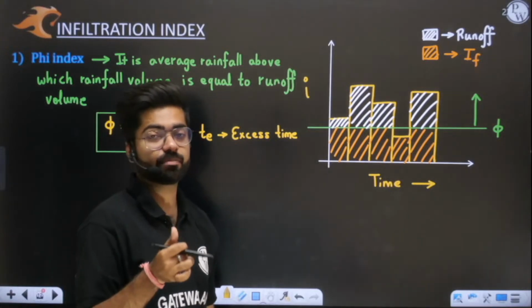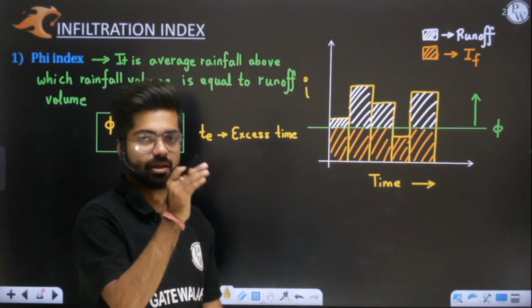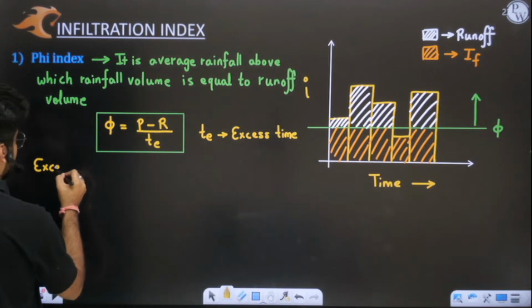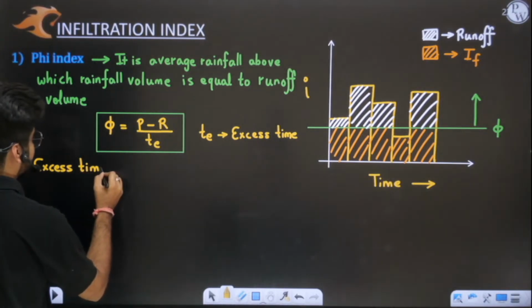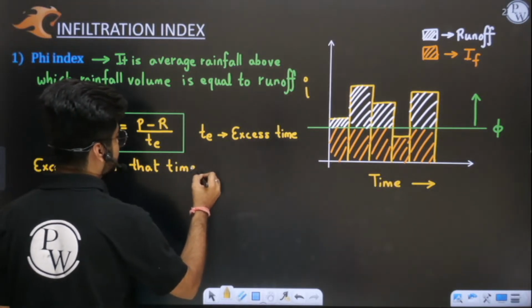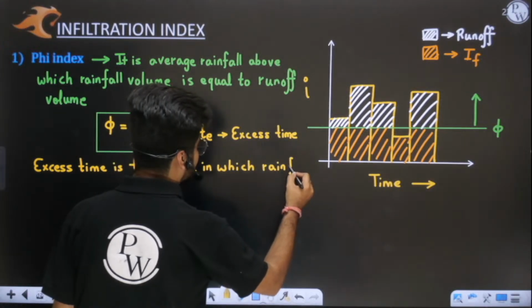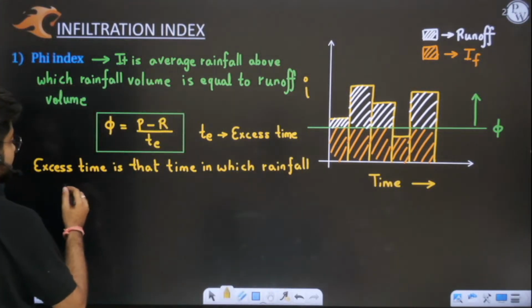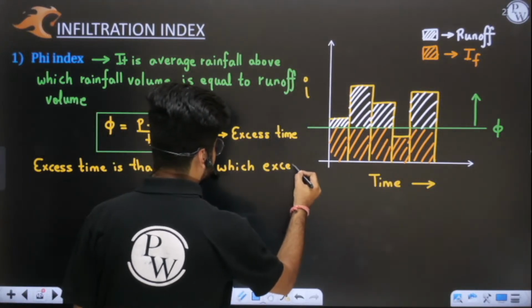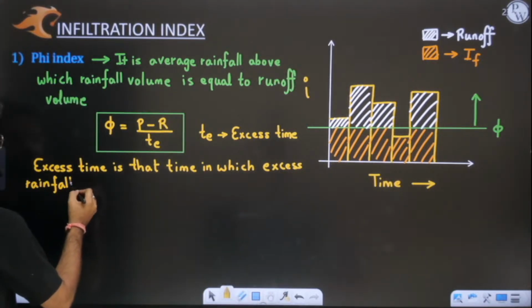Excess time is that time in which excess rainfall occurs, in which rainfall excess takes place. Okay, what is the meaning of excess rainfall?